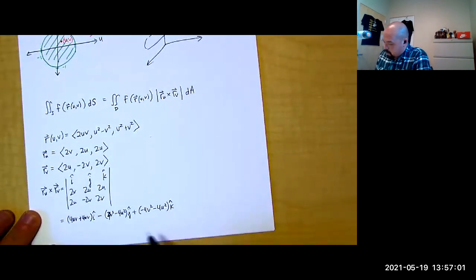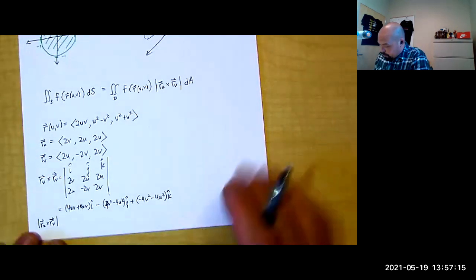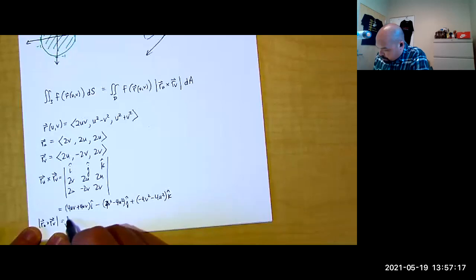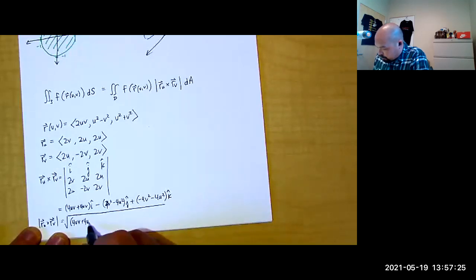The magnitude of r_u cross r_v is the square root of the sum of each of these components squared. Well, that's going to be 8uv squared, but I'll do that in a second.